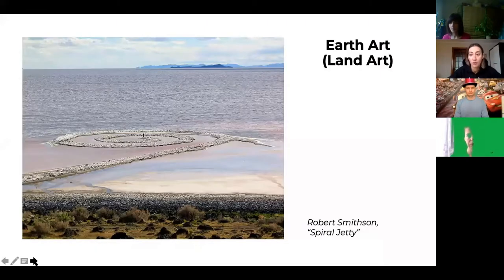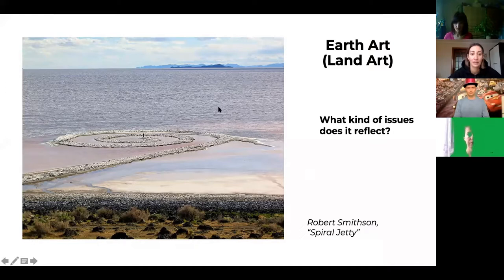And one of the forms of contemporary art is earth art or land art. This is also a kind of famous piece. And again, a question for you. What kind of issues does it reflect? To help you, I'll tell you that this is made only from natural materials, stones, and it is a kind of artificial island in the sea.